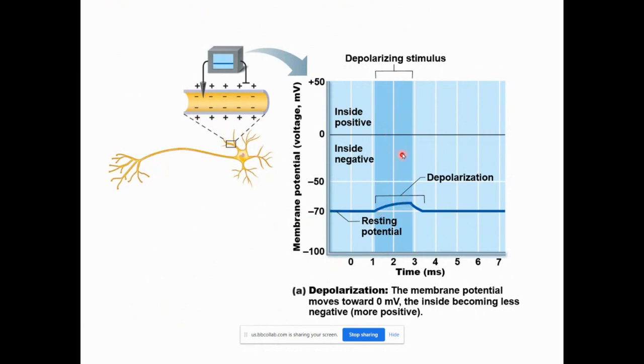That's called depolarization. Now it's more likely to produce an action potential than at rest because we're less negative now. We climb to maybe negative 60-ish, right? So because we got closer to the positive side, that's called depolarization. It's moving toward 0, getting less negative.